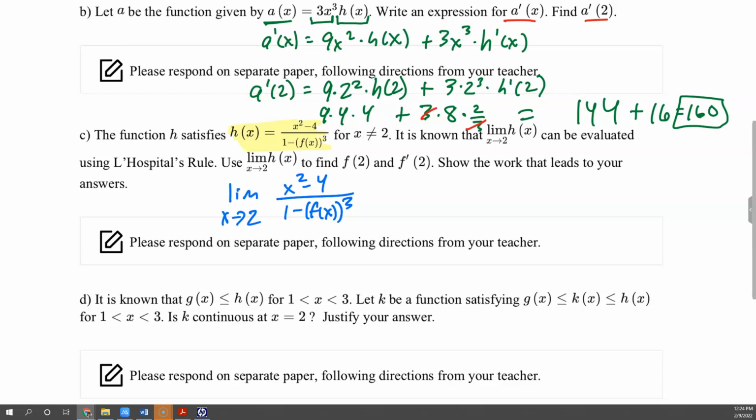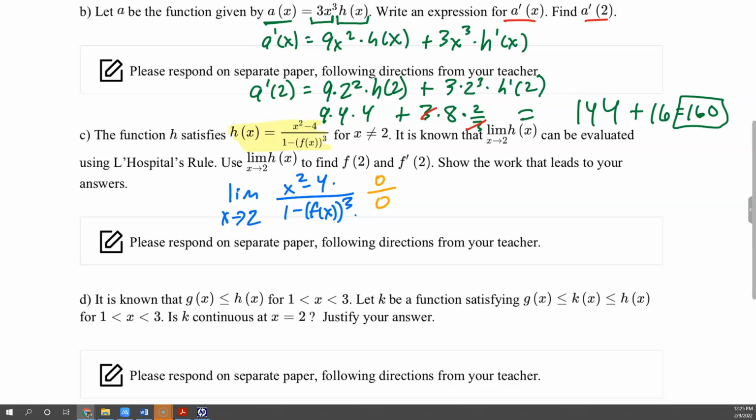L'Hospital's rule is actually L'Hopital's rule, and what it says is that if you get an indeterminate form when you're trying to do a limit, and we'll talk about what that is in just a second, you're allowed to take the derivative of the top, the derivative of the bottom, and plug it in again. But in order to use it, like 90% of the time, you're using it when you get 0 over 0.